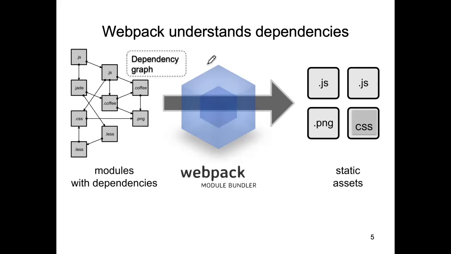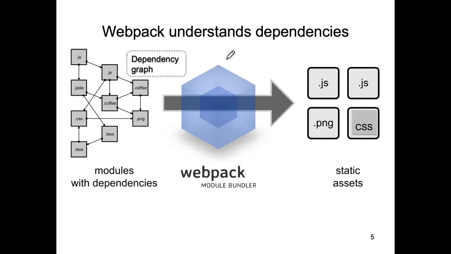Now, as well as physically taking the modules on the left and creating these bundles or chunks on the right, what Webpack may also have to do is carry out transformations. So for example, if we've got a module on the left that contains React code, JSX, then that JSX has to be transformed into plain JavaScript.